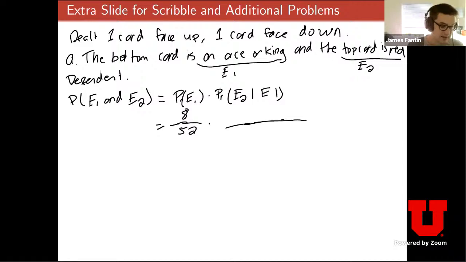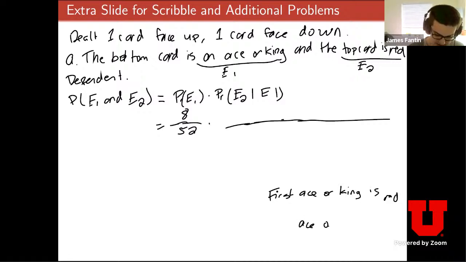Well, we need to break this up into two cases. One where the first draw, the first ace or king, is red, and a second case where the ace or king is black, because that changes the probability that the top card would be red.